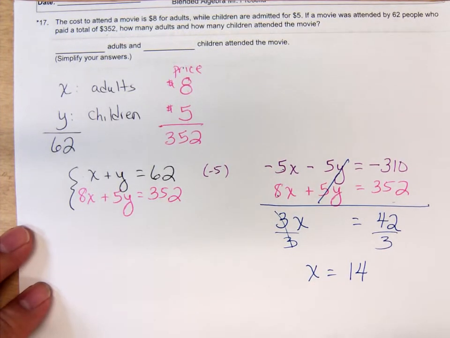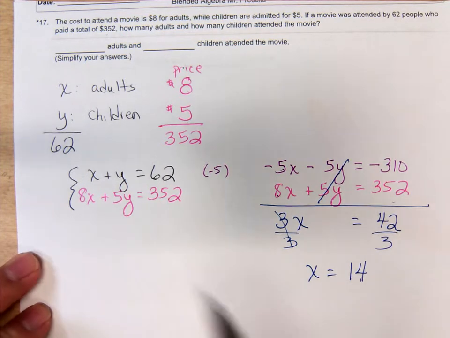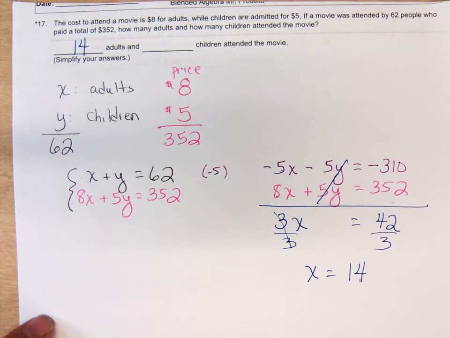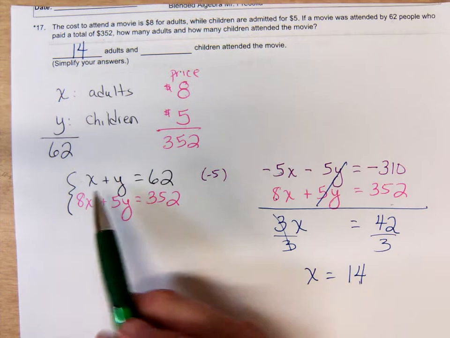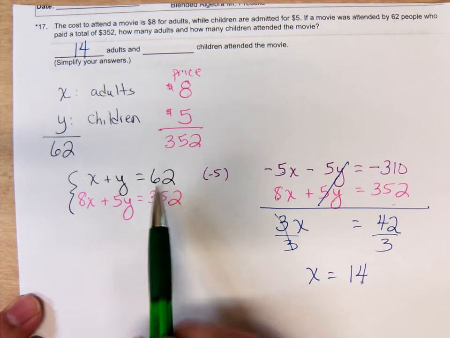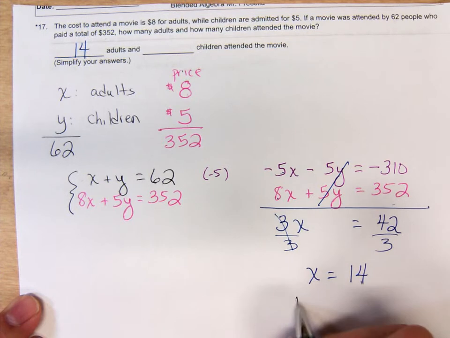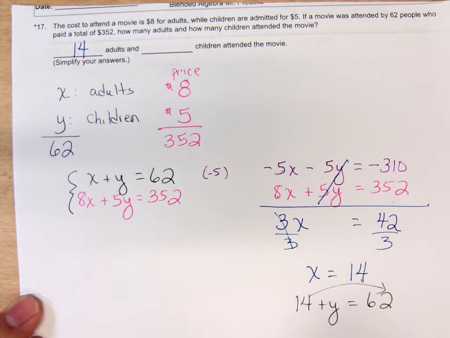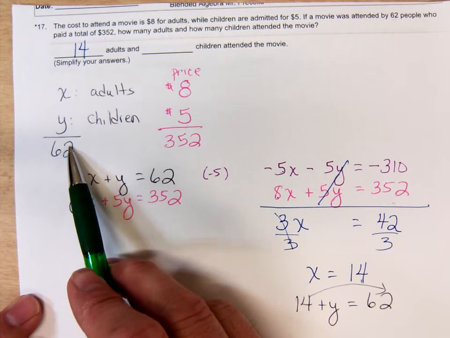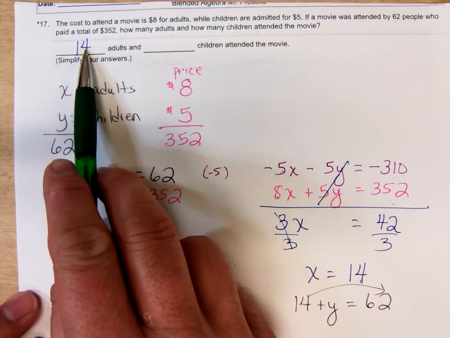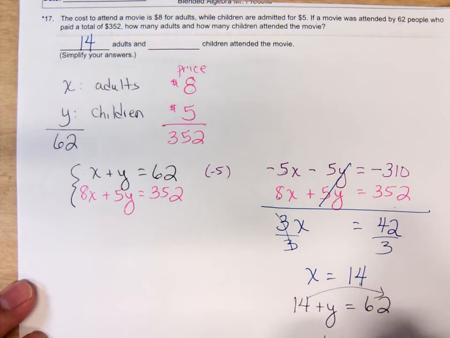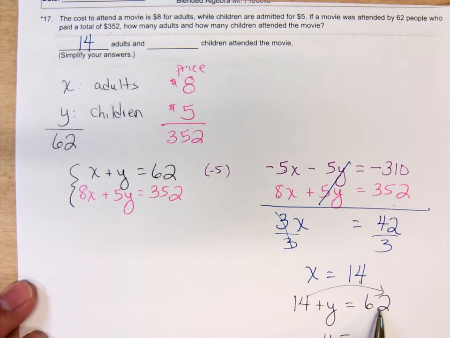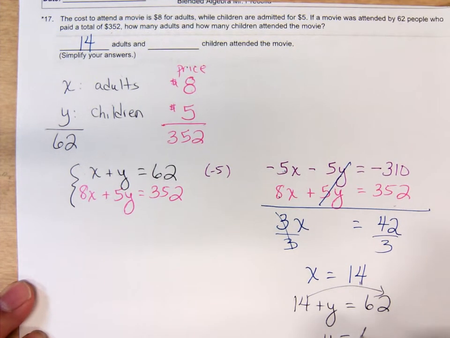So altogether, there were 14 adult tickets sold. Well, if X plus Y is 62, plug in that 14 for X, we'd have 14 plus Y is 62. So if there were 62 tickets sold altogether and 14 of them were adult tickets, then the remaining have to be the children tickets. 62 minus 14, is that a 48?